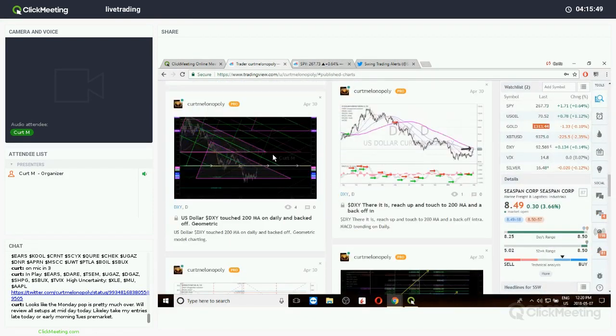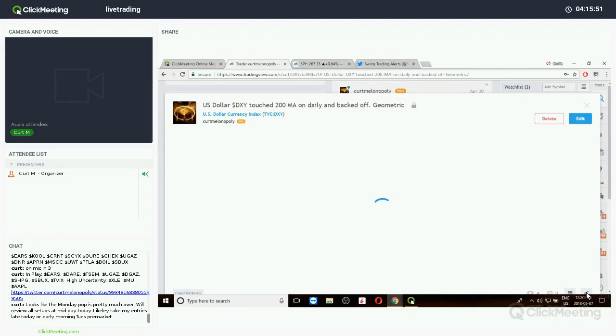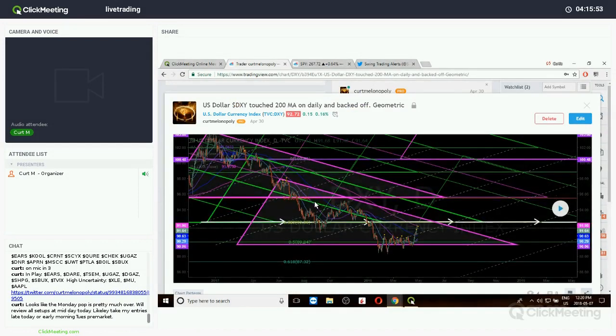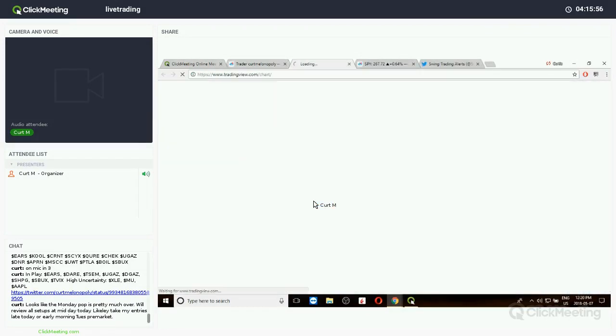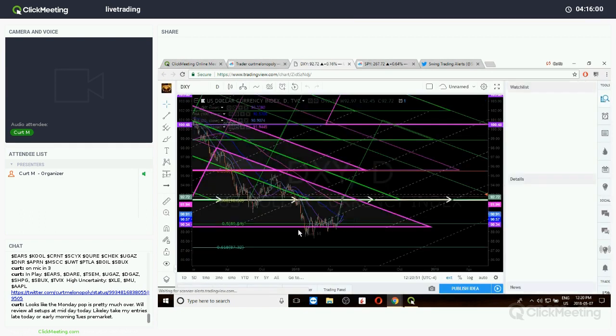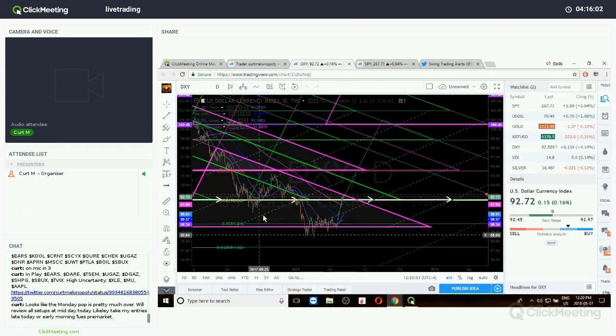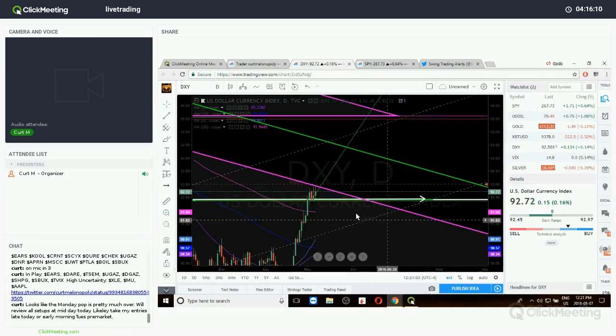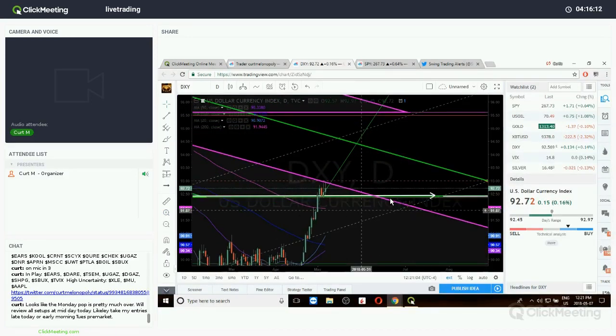The dollar. So I had a number of people ask me about the dollar over the last few days. So this structure, the way that it works, I will tell you, if you trade structures, it's a lot less stressful than trading a lot of other indicators, you know.